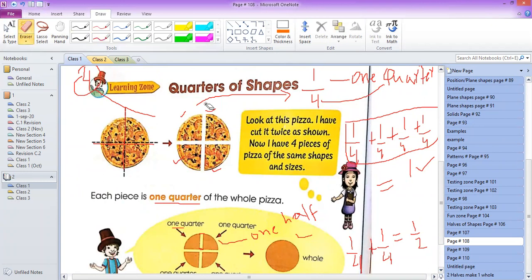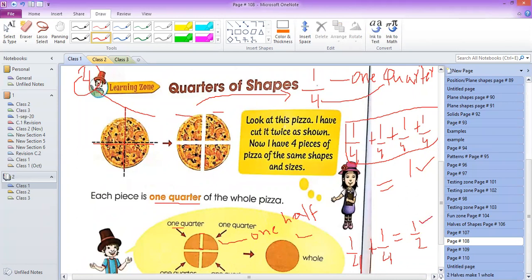There is one more important thing, guys, you should know. If you eat two quarters, this one and this one, that means you are eating two pieces out of four, and that is equal to half.